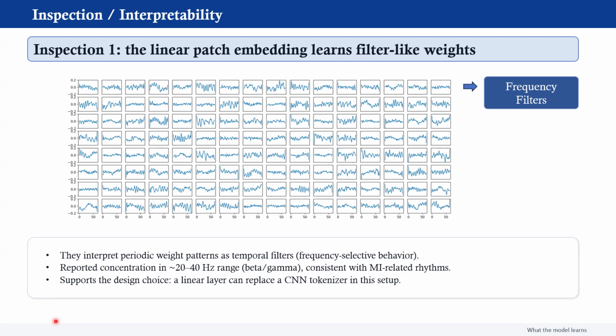It's not actually a filter, but they're calling it a filter because if your input signal or input patch is going to have a similar pattern to this one, then if you take the dot product of that, like we did in the linear layer, the amplitude would increase, right? But if it was an opposite pattern, the amplitude would decrease. So in that sense, maybe you can interpret it as a filter. But it's not very clear why, but that's what they are calling it. They are calling it a frequency filter.